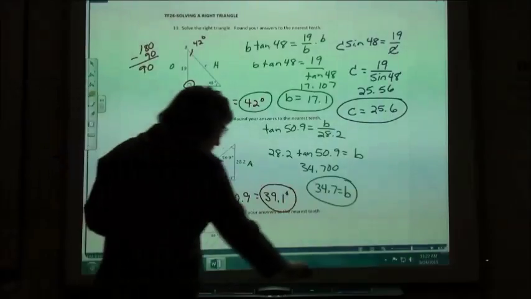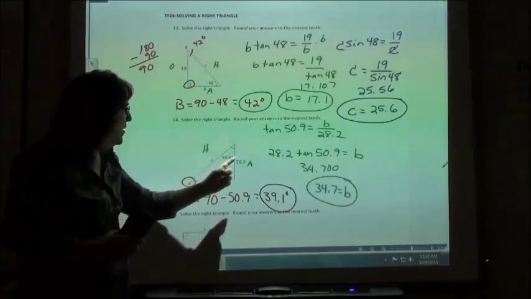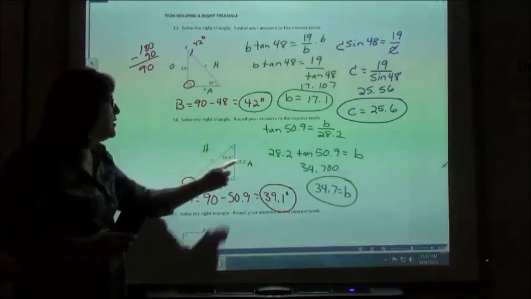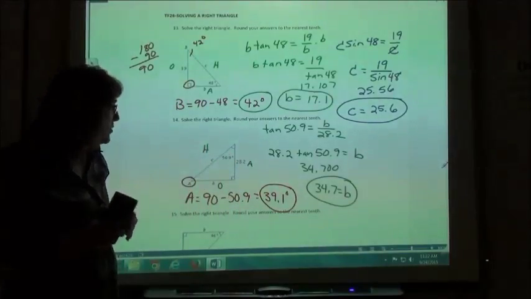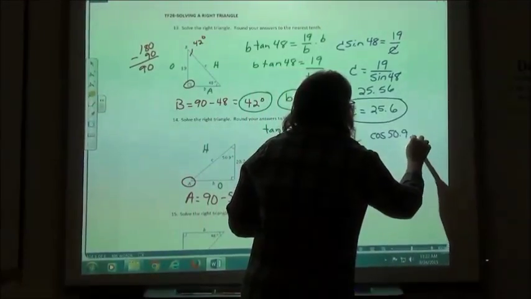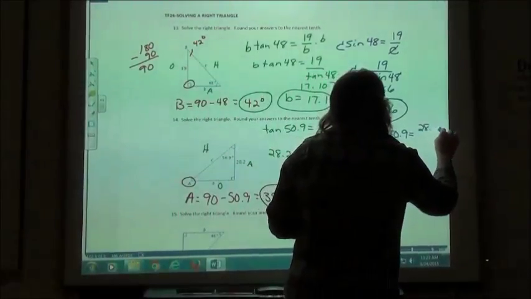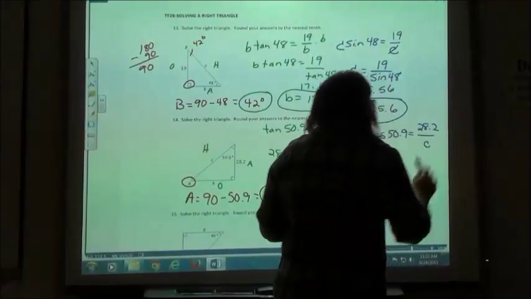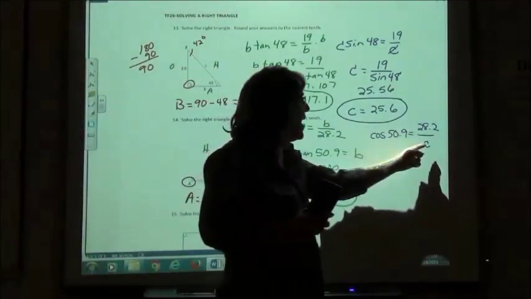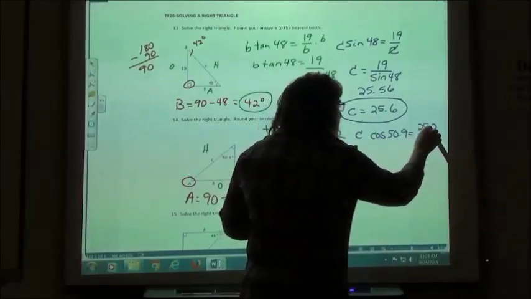I also have to find side C. So for side C, we have the adjacent side labeled, and the hypotenuse is what we're trying to find. So adjacent over hypotenuse would be cosine. So I'm going to use the cosine of 50.9 degrees on this one. The adjacent side is 28.2 over the hypotenuse, which is our side C that we're trying to find. So again, on this one, since our variable's in the denominator, we would multiply by the C first, and then we'd end up dividing.